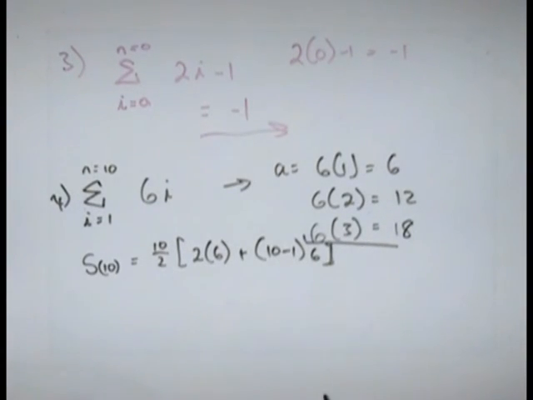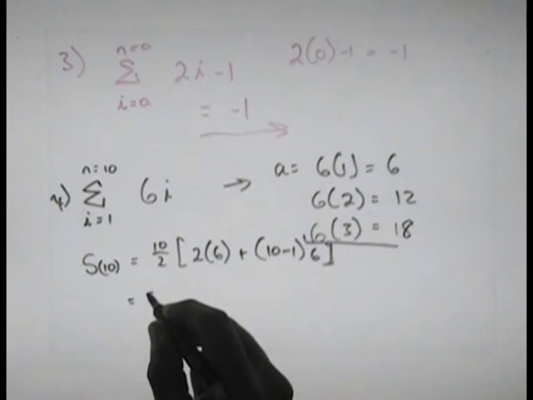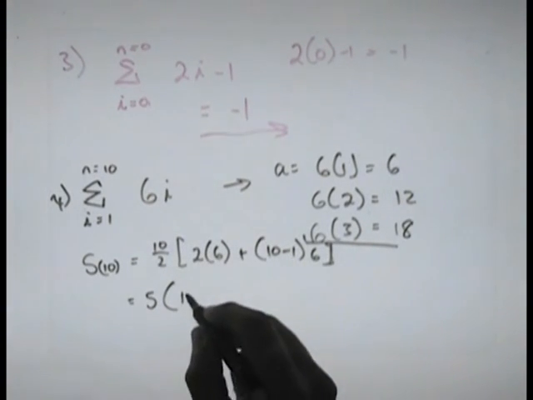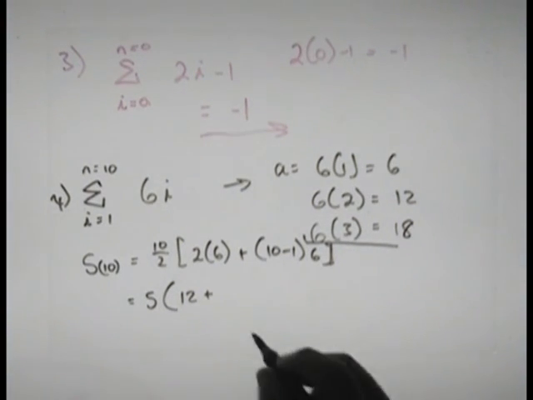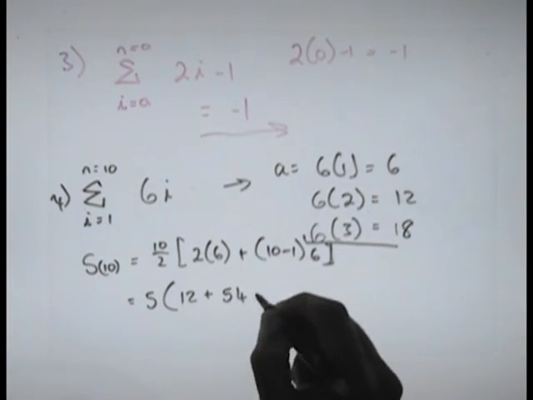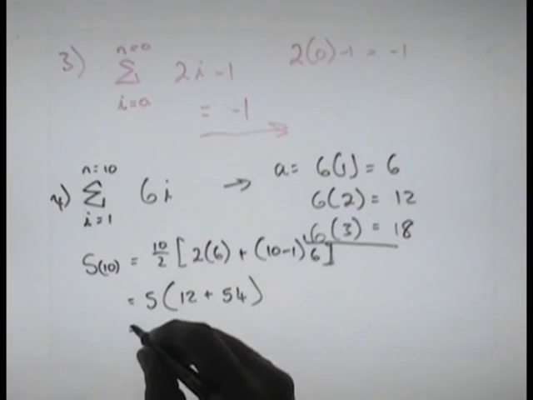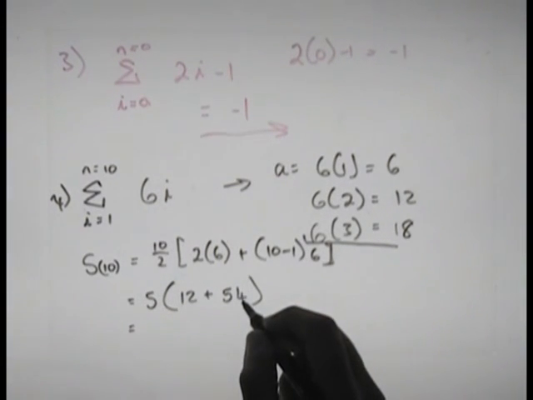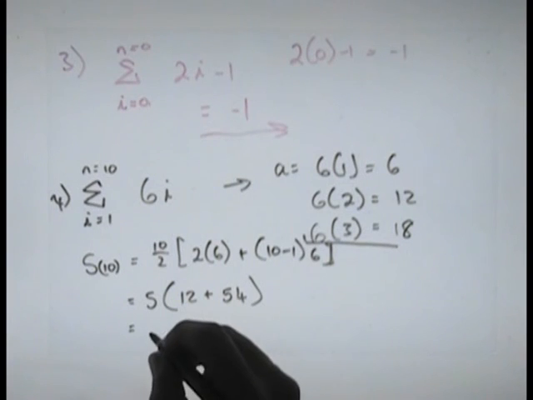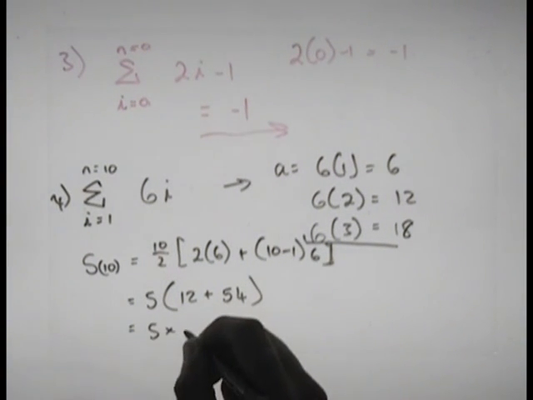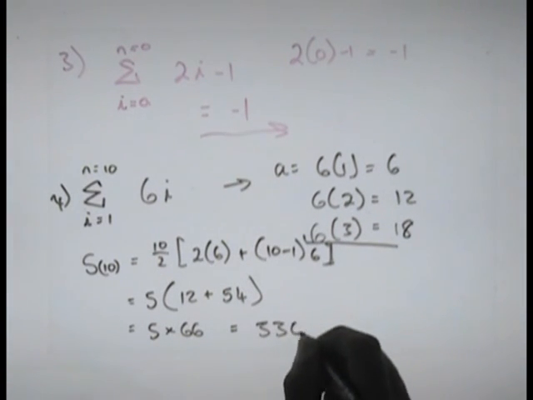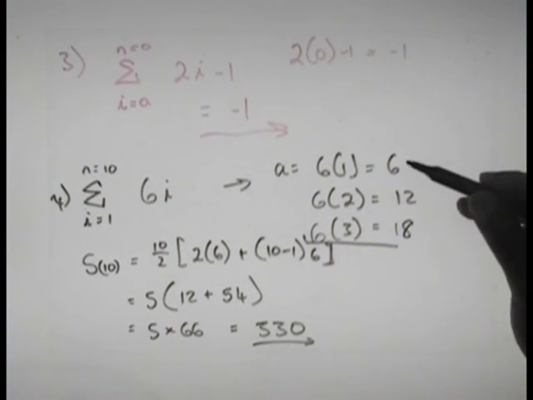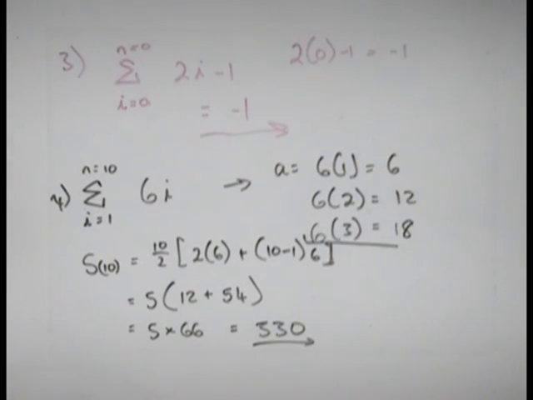That will give us 10 over 2 is 5, 2 times 6 is 12, 10 minus 1 is 9, 9 times 6 is 54. 54 plus 12 is 66, so we have 5 multiplied by 66, which is equal to 330. The sum of 10 of these terms is equal to 330.